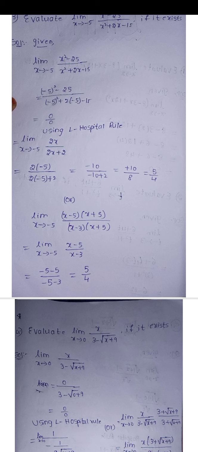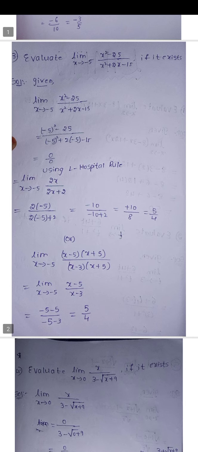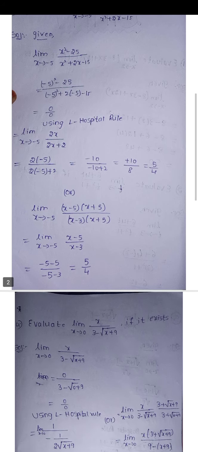The x plus 5 in numerator and denominator gets cancelled. So finally we get limit as x tends to minus 5 of (x minus 5) by (x minus 3). Substituting x as minus 5, we get minus 5 by minus 5 minus 3, which is 5 by 4. So we can solve this problem by using L'Hospital rule, or in another way also.